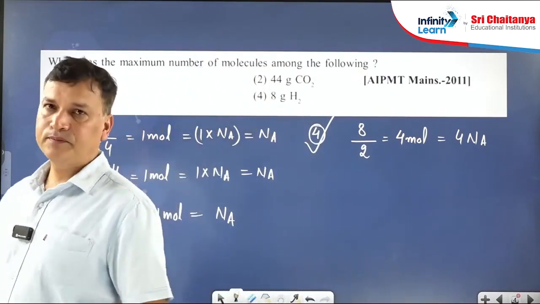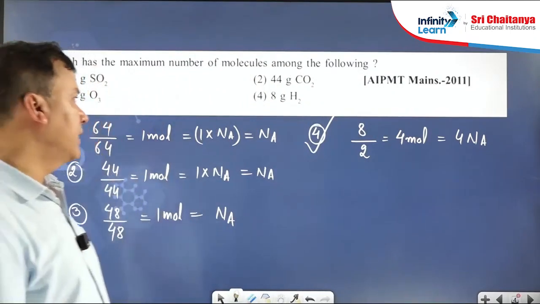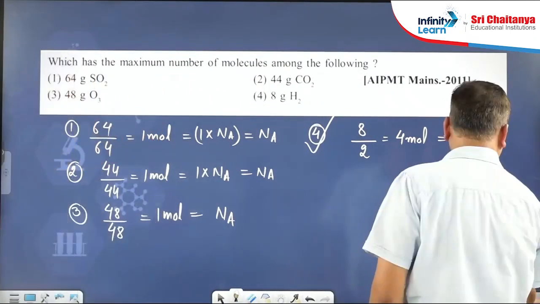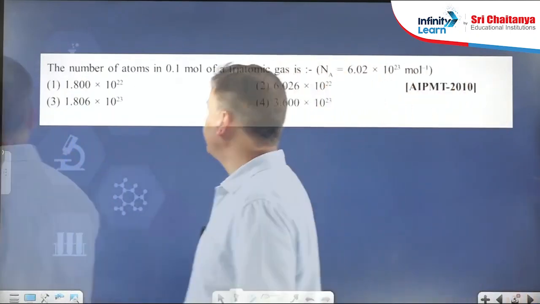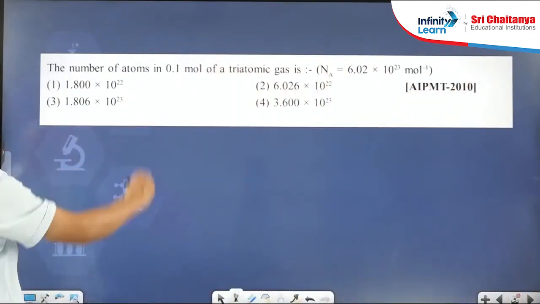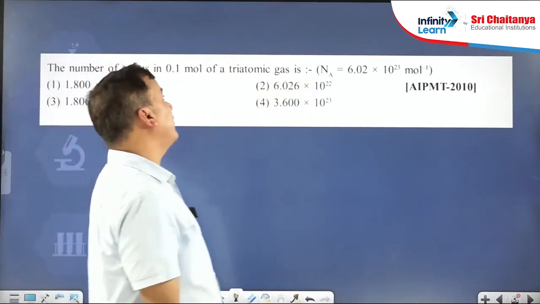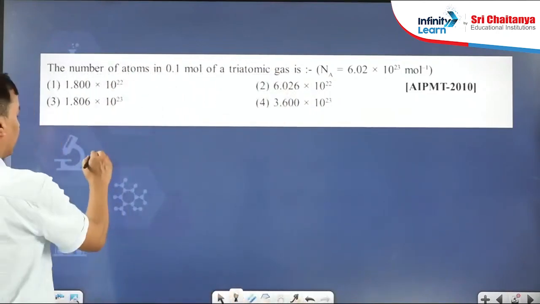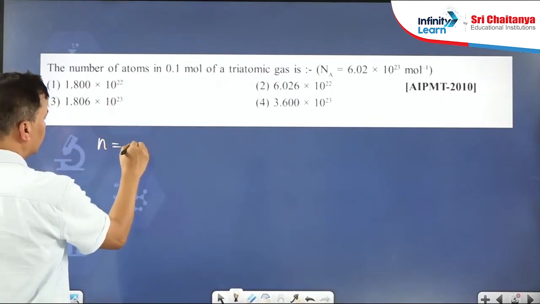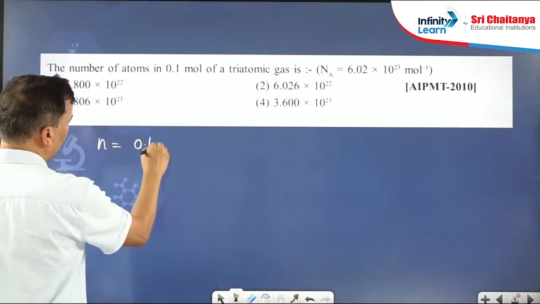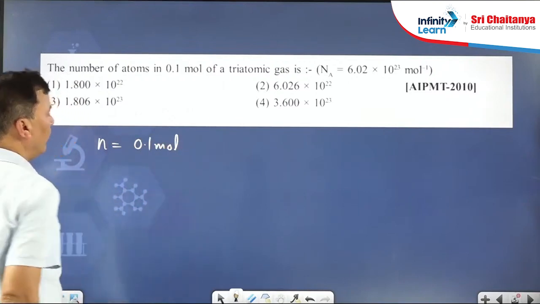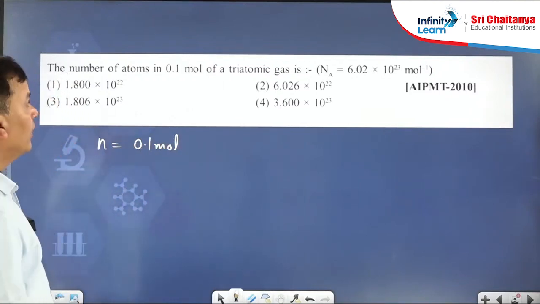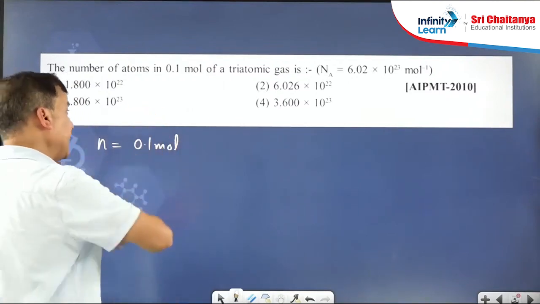Is that clear? So my dear friend, I am moving to question number 5. Look at here. Number of atoms in 0.1 mole of triatomic gas. Dear student, how many moles we have here? Let us solve this question. This is very easy. Here is 0.1 mole. We are given with mole. Is that clear? Now, triatomic.